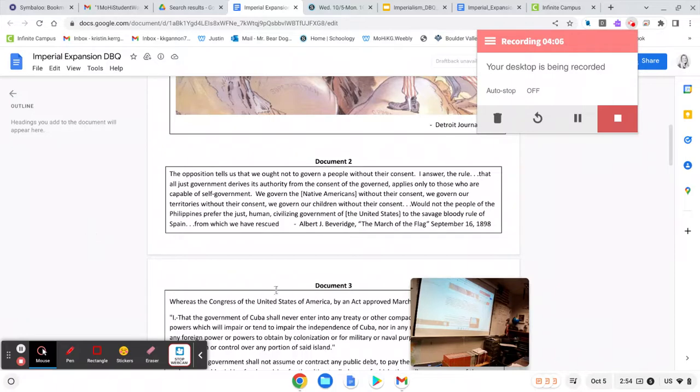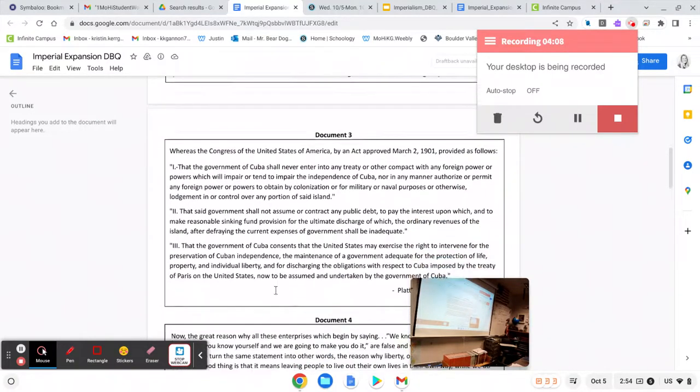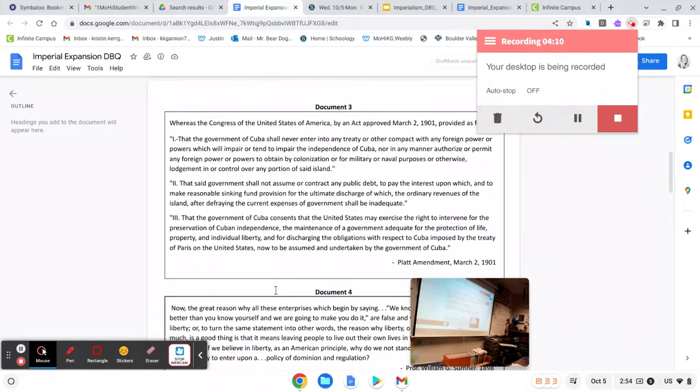Next one, document 3. This one is the Platt Amendment. This one also is a good hooray for Cuba because we saved you. It's the legal document of that going forward, we are going to be Cuba's little buddy.